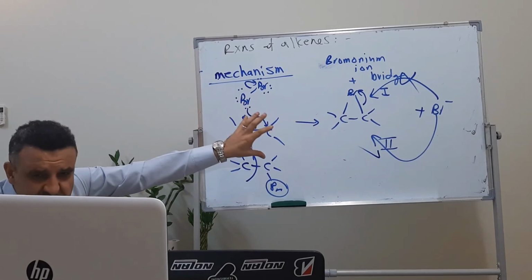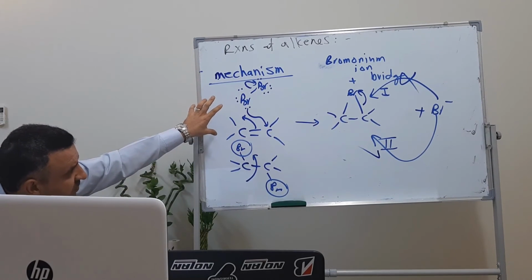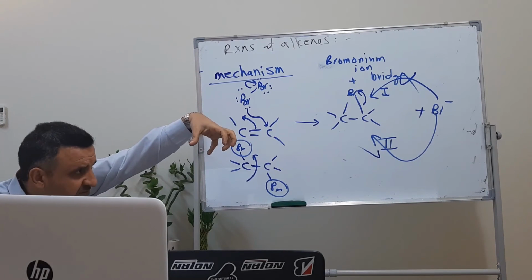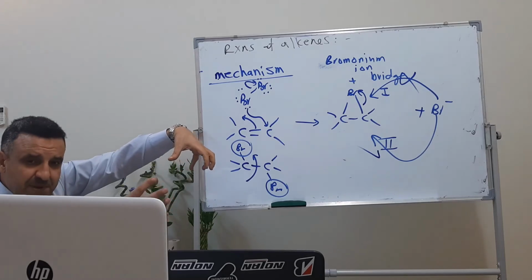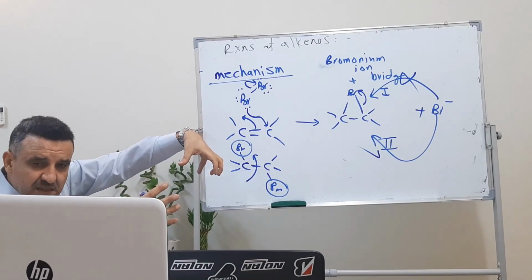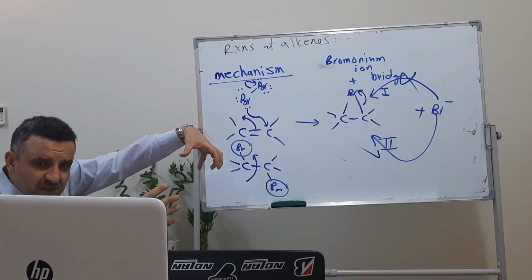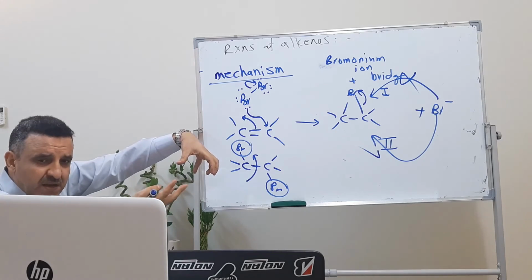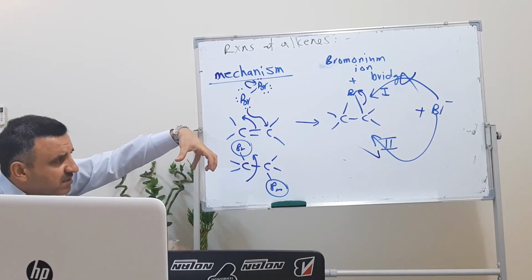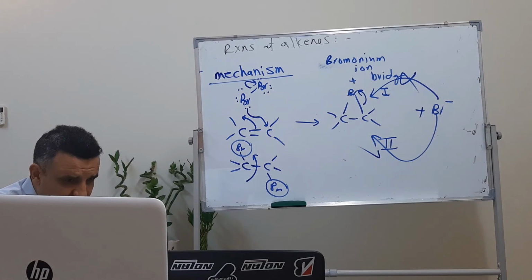So in the first step, as we found in the mechanism, one of the bromine atoms will add itself from one side of the plane. Then the other bromine will attack this bridge, this intermediate. So there are two possibilities, either from the same plane or from the opposite plane. It is very obvious that the second bromine should attack from the opposite plane in order to avoid repulsive forces. Do you follow me?